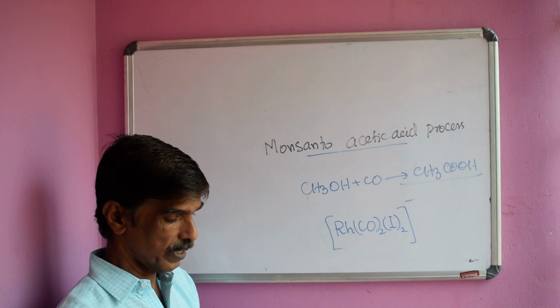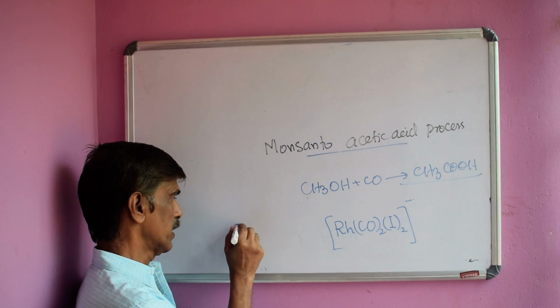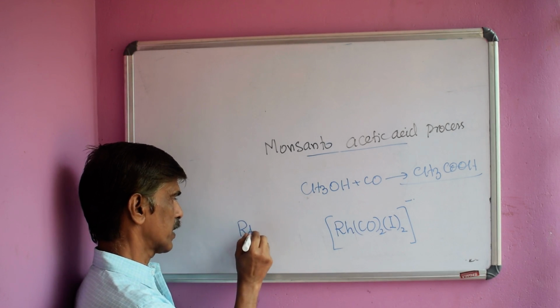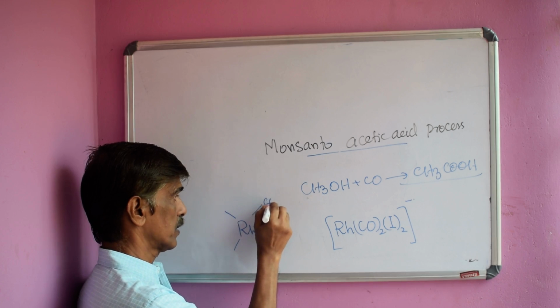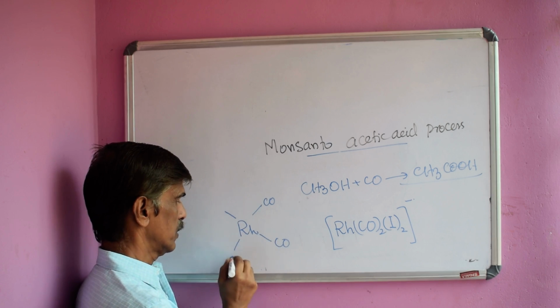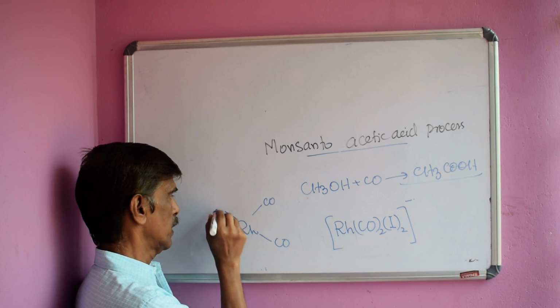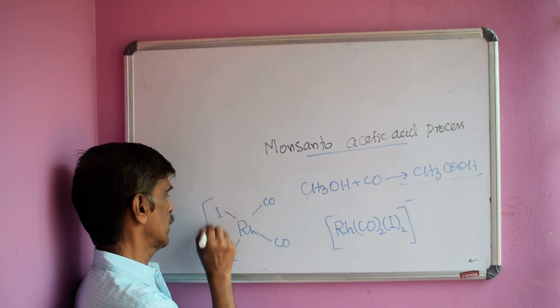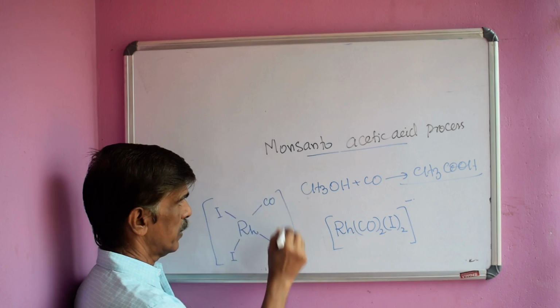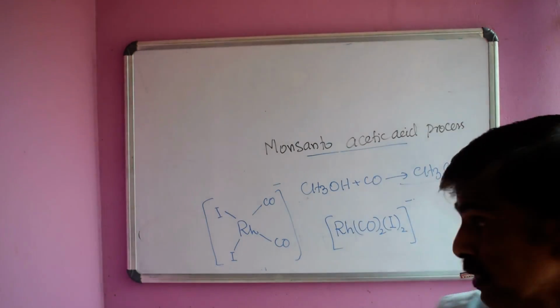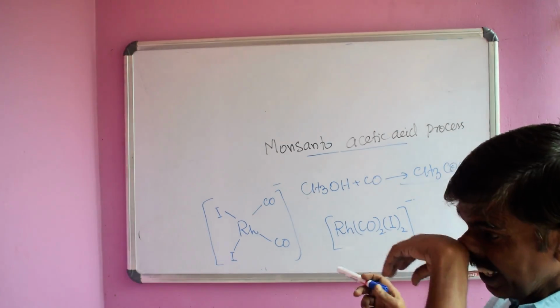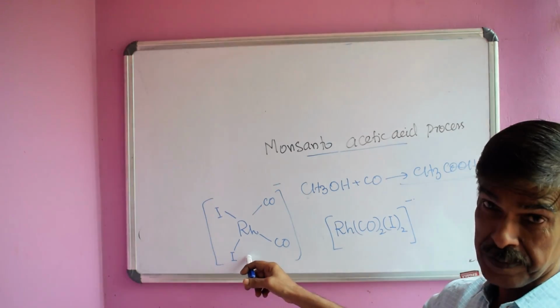If you draw it in detail, you can see that it is Rh, CO, CO, I, with one negative charge. Done. Catalyst. So we can see that it is again a square planar complex.